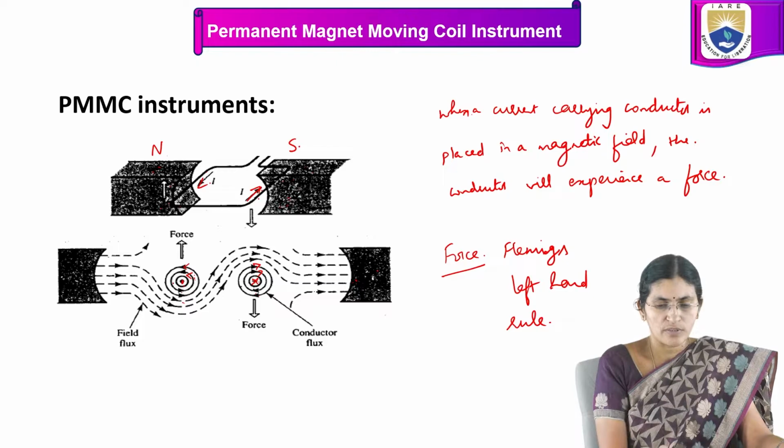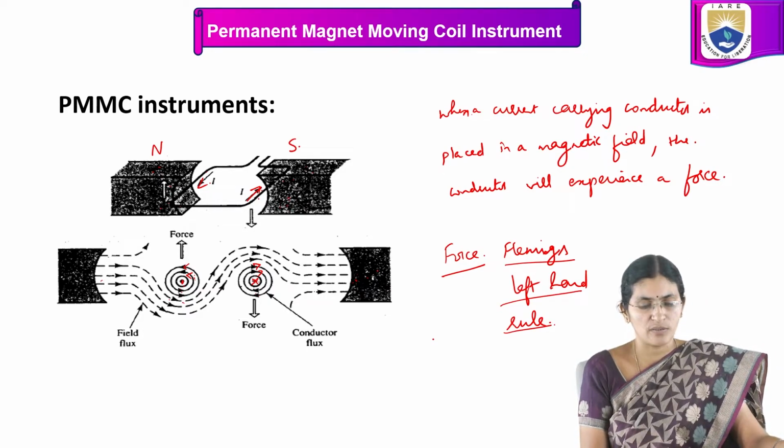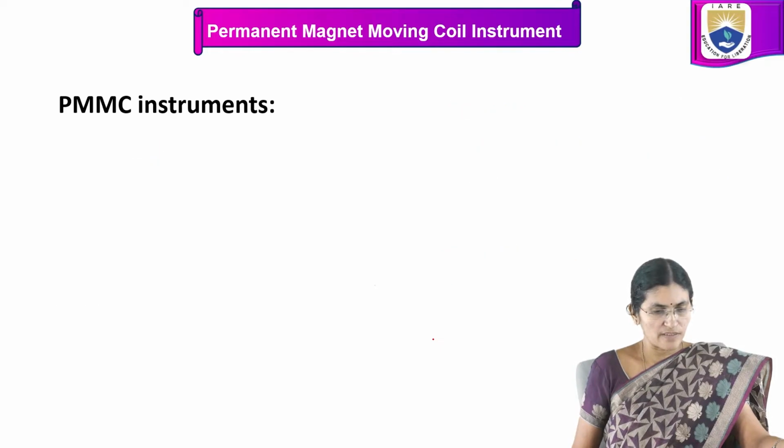We know that when a current carrying conductor is placed in a magnetic field, the conductor will experience a force. So this is the current carrying conductor, and this is the magnetic field produced by the North Pole and South Pole. The direction of this force is given by Fleming's left hand rule.